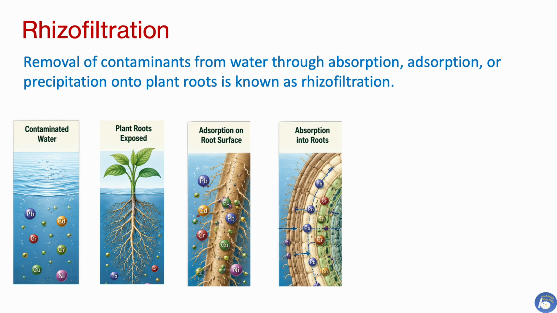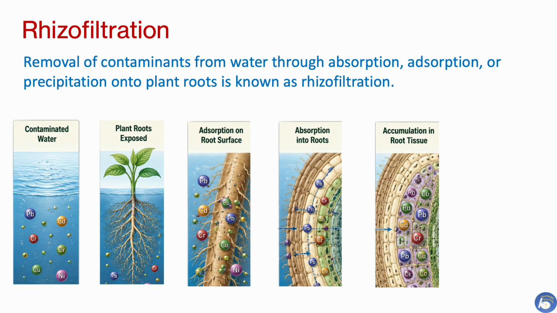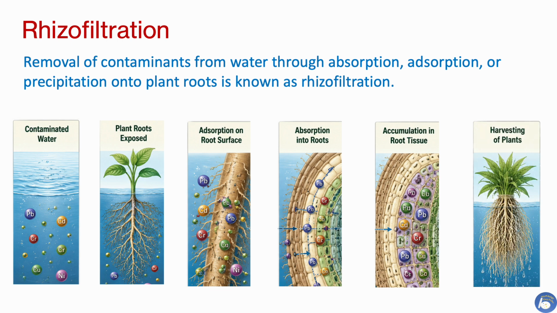Some pollutants enter the root system by absorption and reach root tissues. Absorb means to take a substance inside or soak it up. With time, pollutants accumulate in the root cell wall and vacuoles. Once roots are full of contaminants, plants are harvested and water becomes clean.